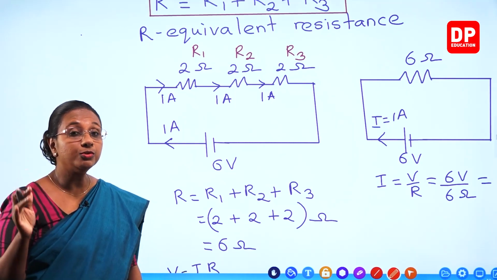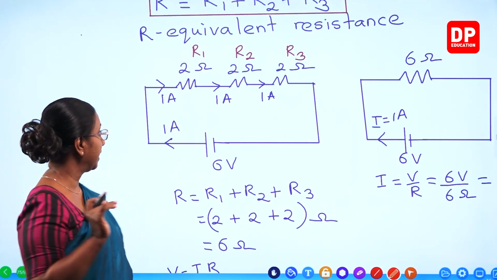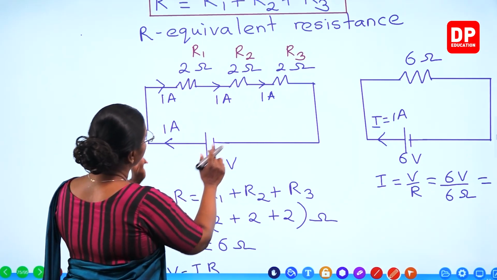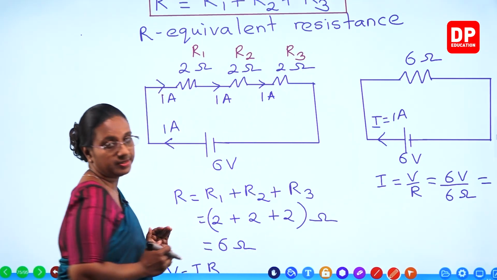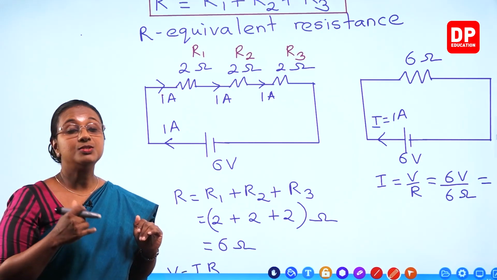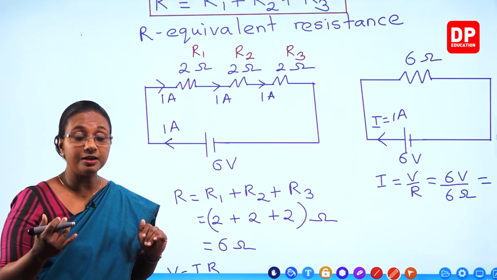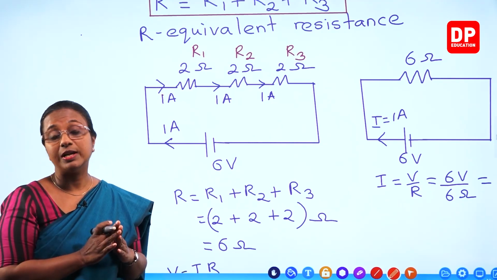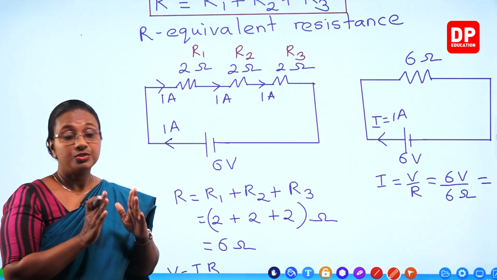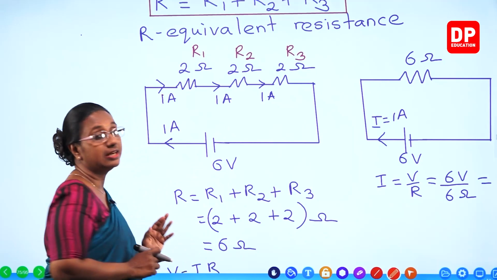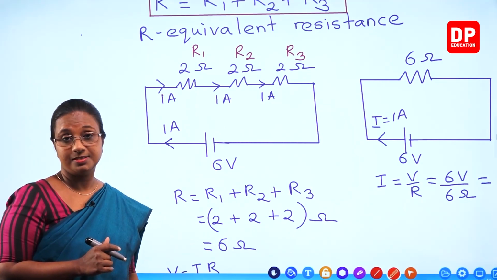So I want you to identify them separately. Now, if we look at the potential difference, the 6 volts is for these 2 points across all 3 resistors. That is why we calculated the current flow through all the resistors using the equivalent resistance. So that means the potential difference will be divided across the 3 resistors.